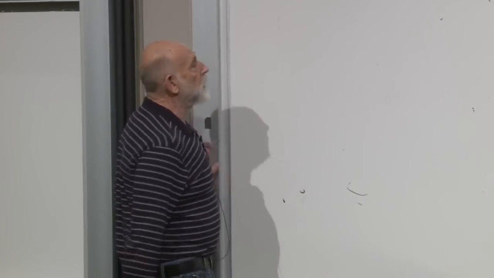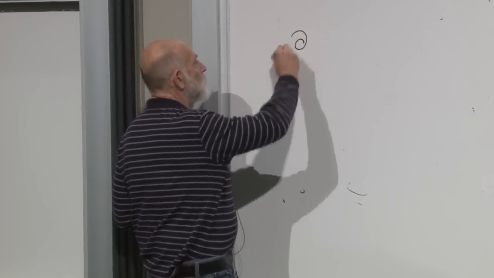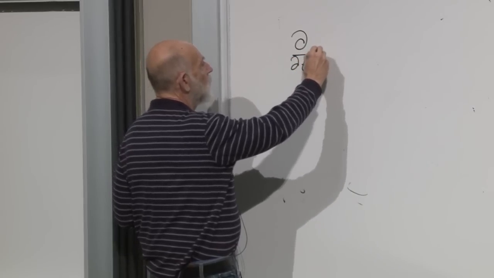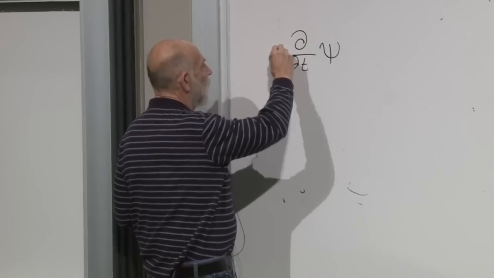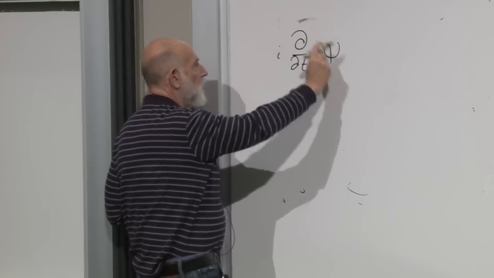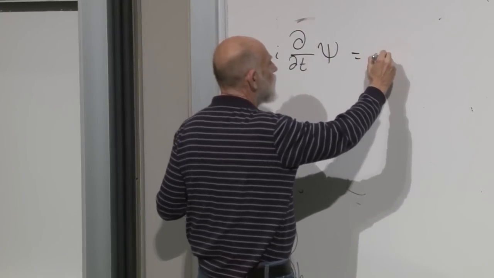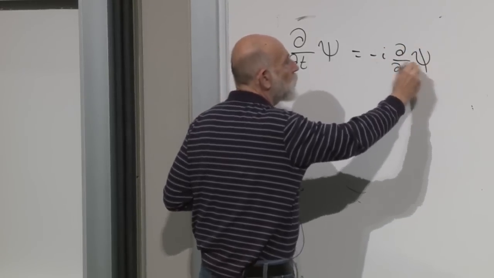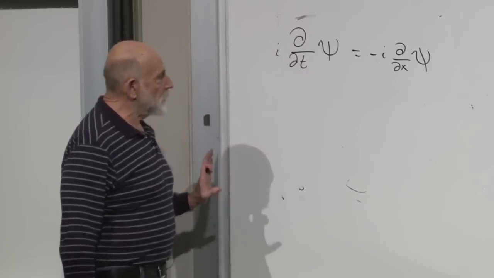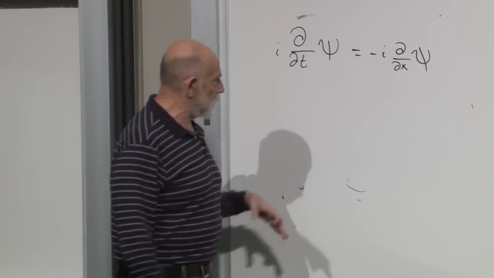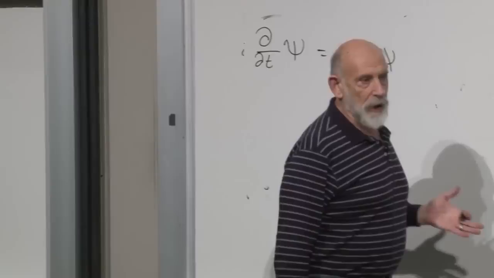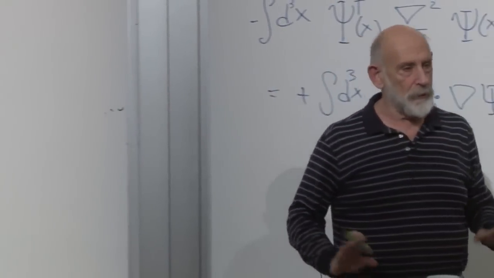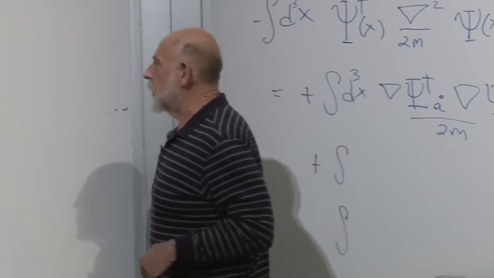The simplest thing was just to write an equation which was d by dt of psi, let's put an i there, i psi equals minus i d by dx psi. This was for the case of one dimension. Now this psi here is let's say a wave function for a single particle. For the moment, we're just doing single particles, one particle.